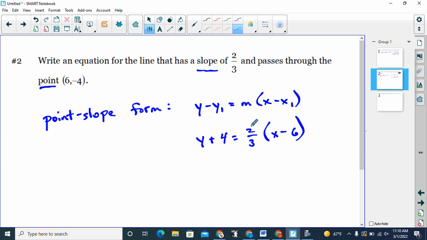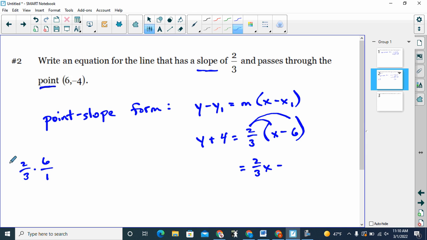From here, we are going to change to slope-intercept form. We do that by distributing this 2/3. So I have 2/3 times x and 2/3 times -6. Positive times negative is negative. Off to the side here, I'm going to multiply 2/3 times 6. 6 I'm going to write as 6/1.